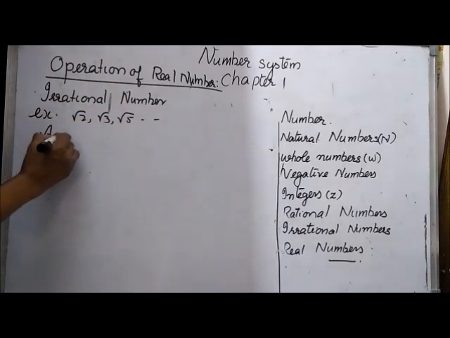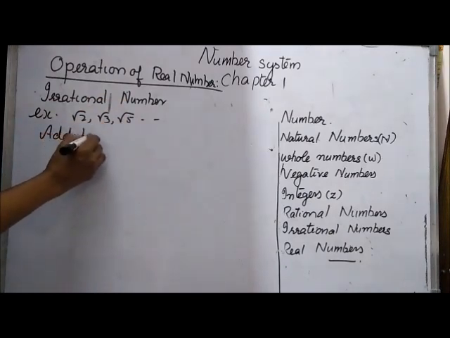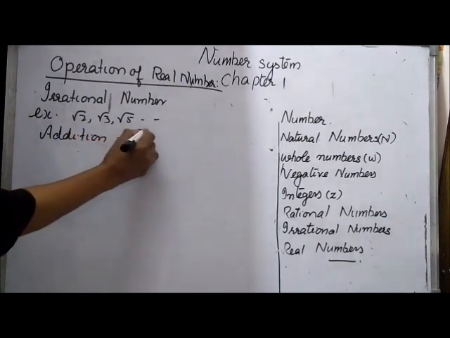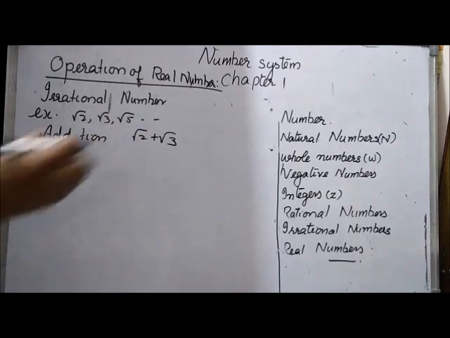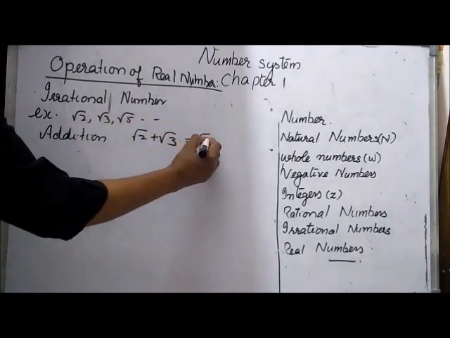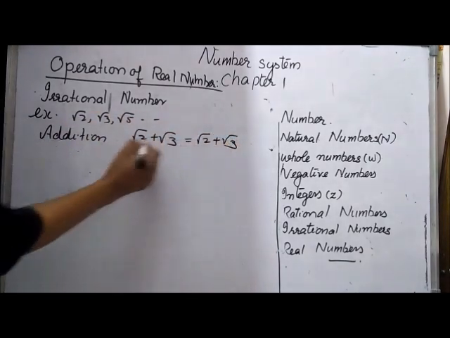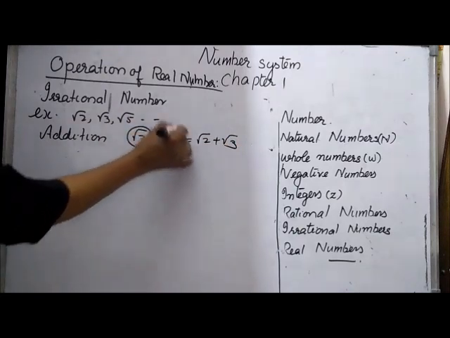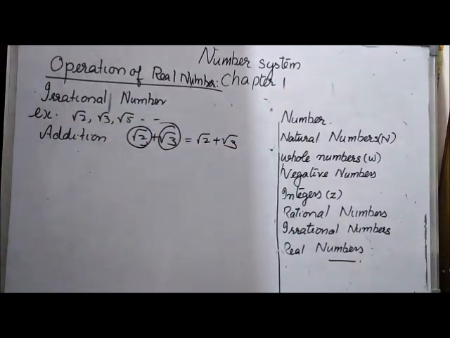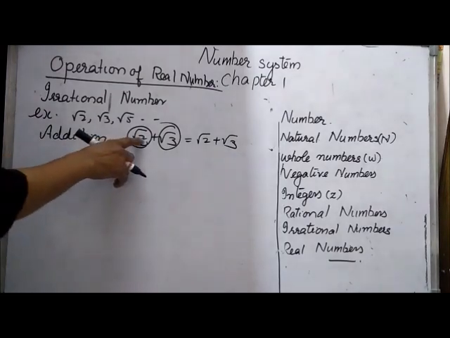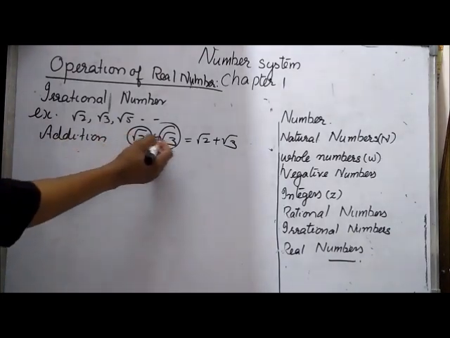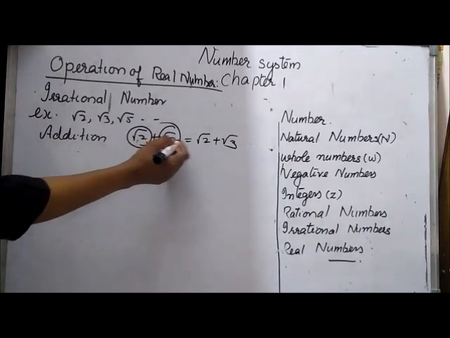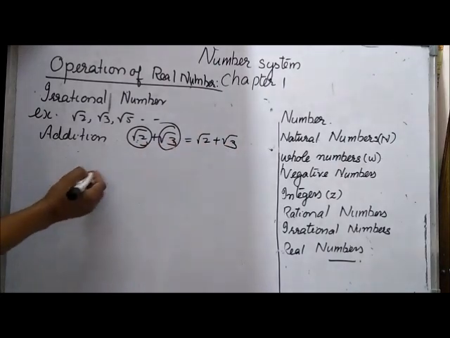In the case of addition, root 2 plus root 3 stays as root 2 plus root 3, because these irrational numbers are unlike terms, just like a and b. So we cannot add root 2 plus root 3.